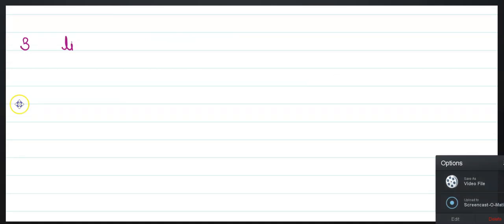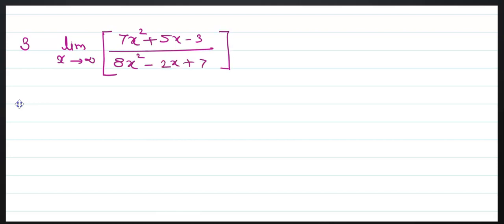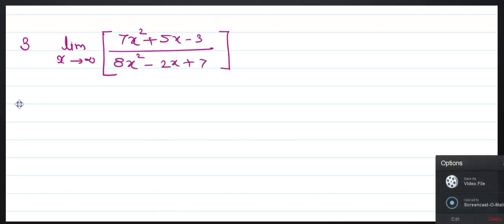Now next is problem number 3. The limit as x tends to infinity of (7x square plus 5x minus 3) upon (8x square minus 2x plus 7).